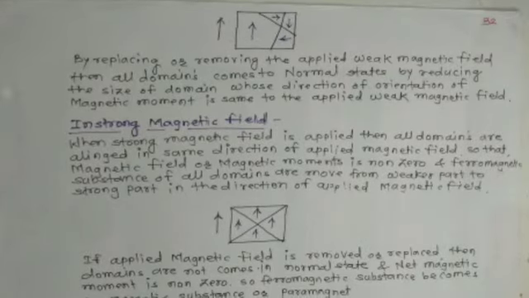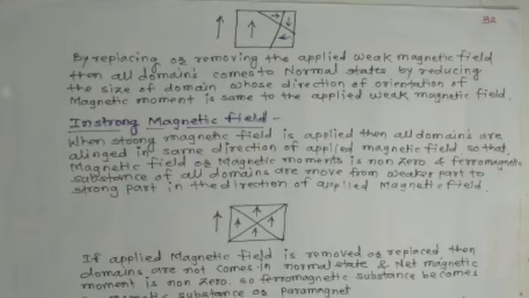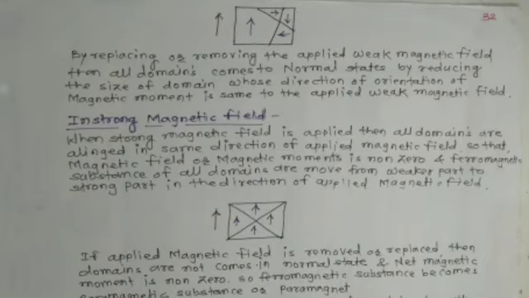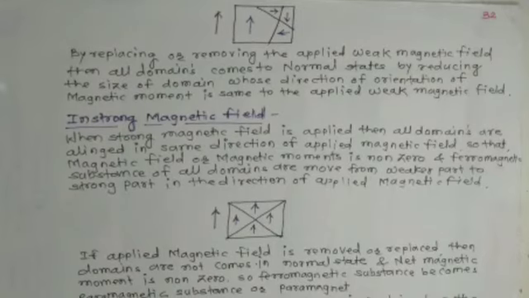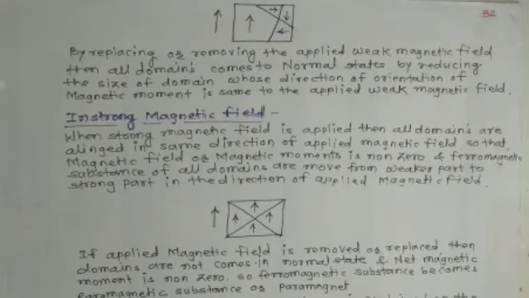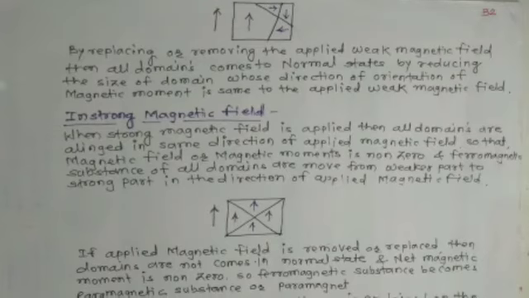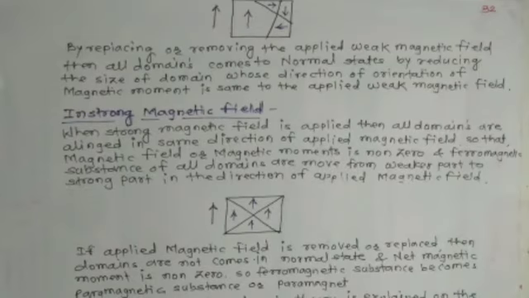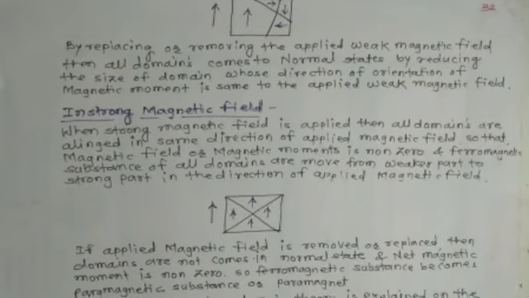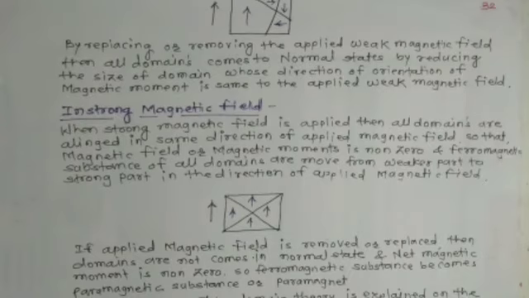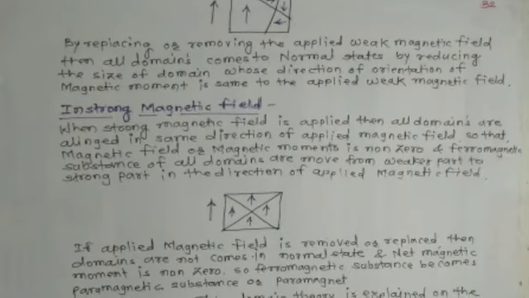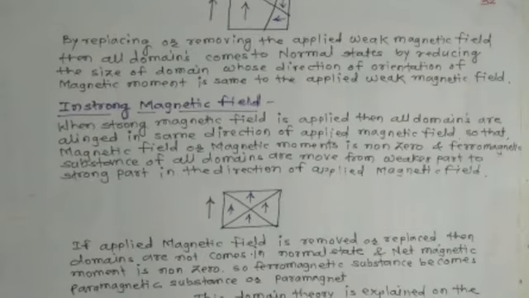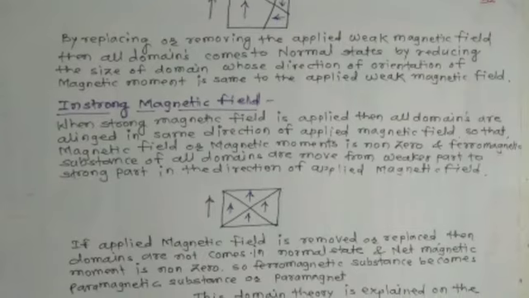By removing the applied weak magnetic field, all domains come back to their normal states.